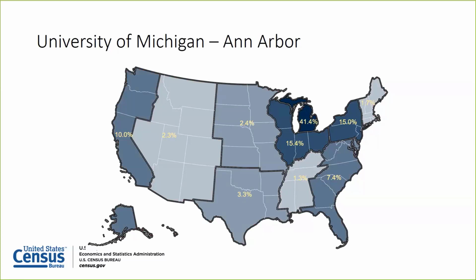Large shares of them go to the Mid-Atlantic and also to the Pacific Division. So you can see that the hiring shed for University of Michigan Ann Arbor bachelor's recipients is much broader geographically than these other schools, which are much more concentrated in a few divisions and staying in state.